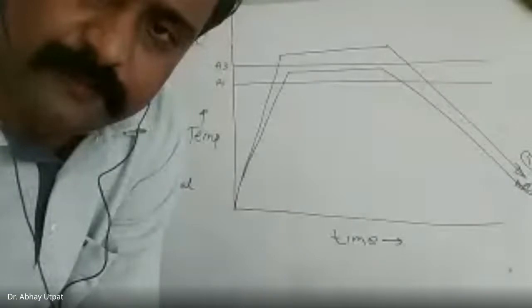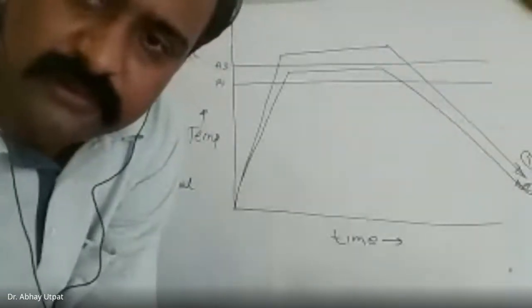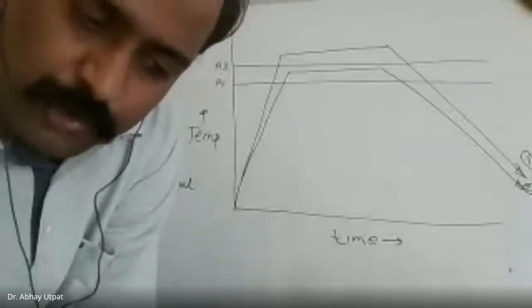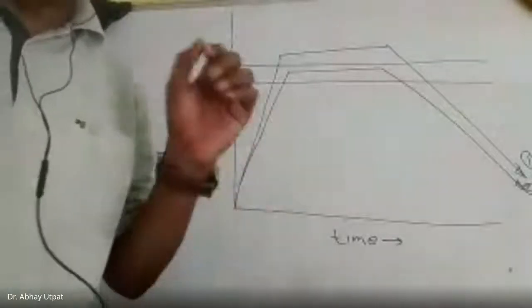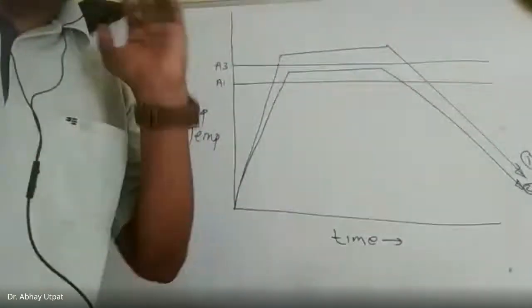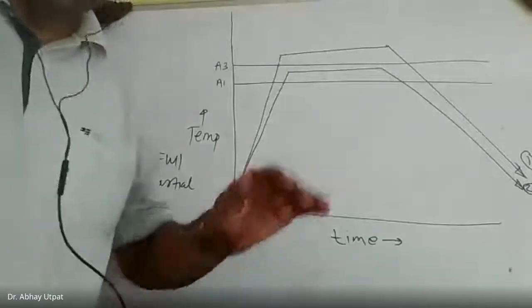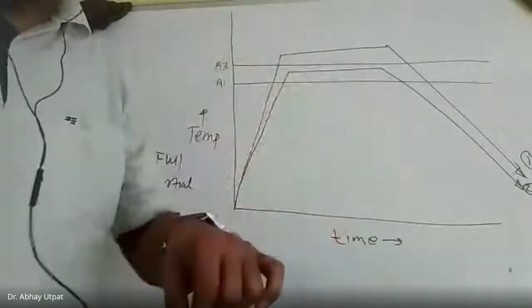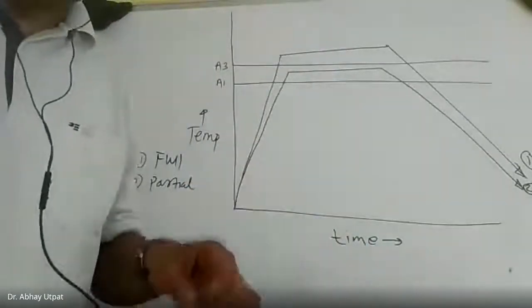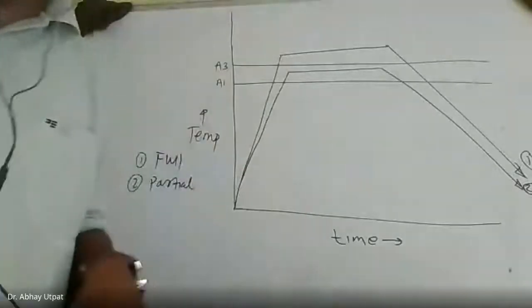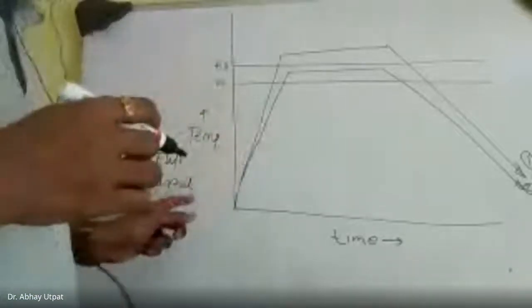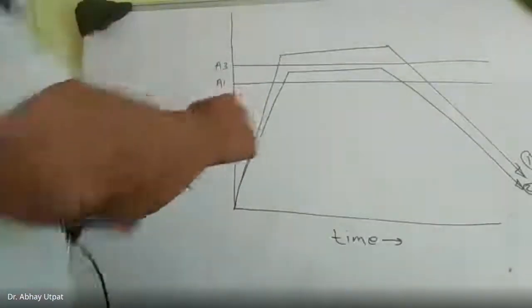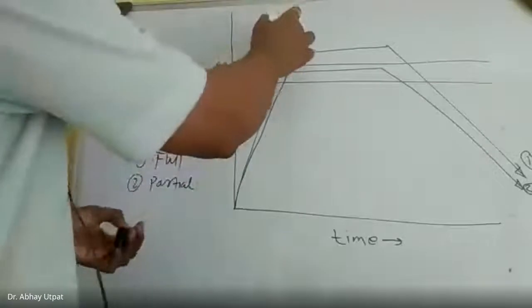I repeat once again: in between A1 and A3, for hypoeutectoid steel, the structure is ferrite plus austenite because 100% austenite is not produced. And if the steel is hypereutectoid steel, the structure is cementite plus austenite. Remember this. So, full annealing, partial annealing. Then the next one is diffusion annealing.